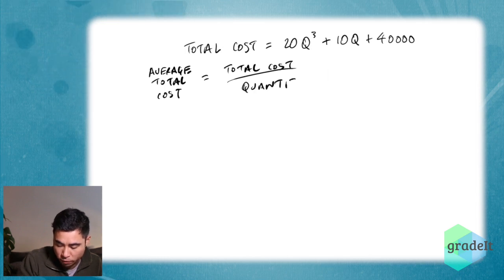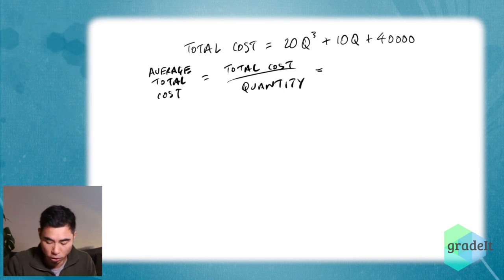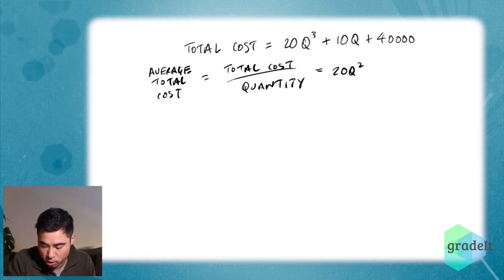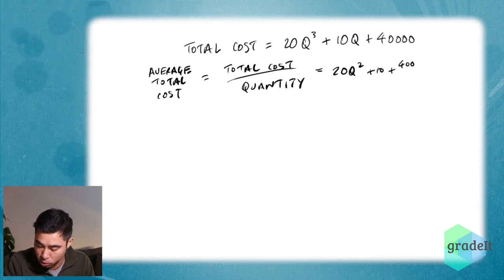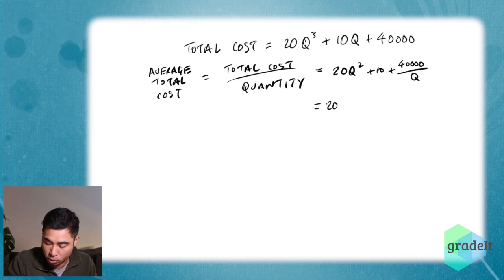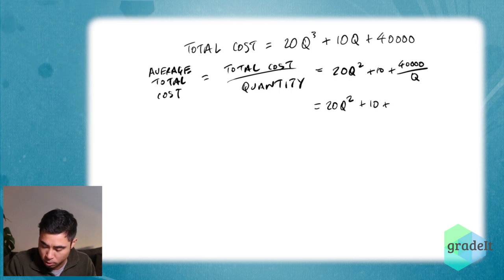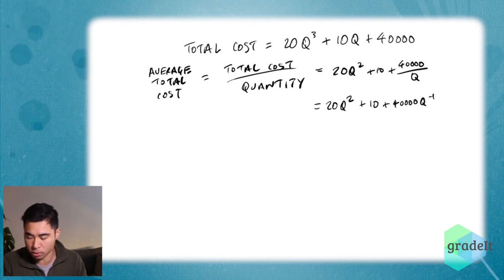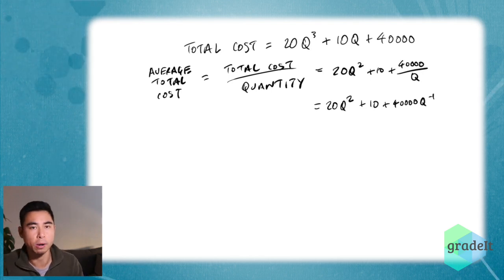So all I'm going to do is divide my total cost function through by q, which gives me 20q squared plus 10 plus 40,000 over q. And I'm going to rewrite that last term to make things slightly easier when it comes to my differentiation, as 40,000 q to the minus 1.